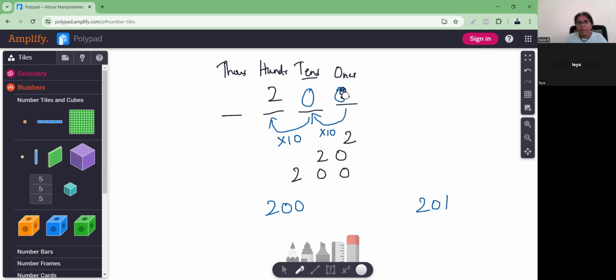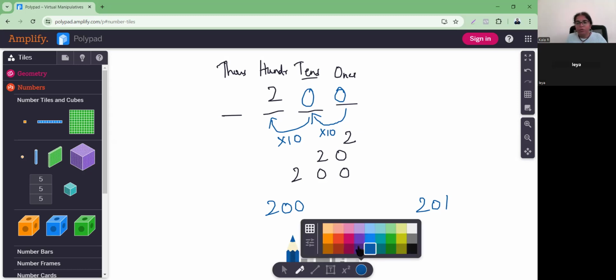Let's say we're having 200, fine. But what if there is a situation where we have to talk about a number which is more than 200 but less than 201? That means that small part, that part lesser than a 1, is there. How do we show that?